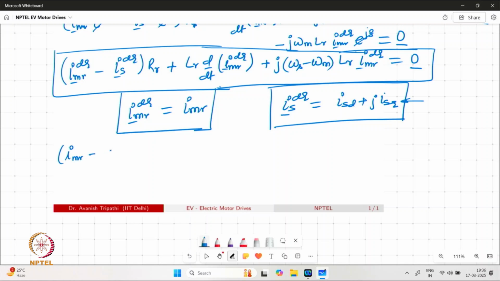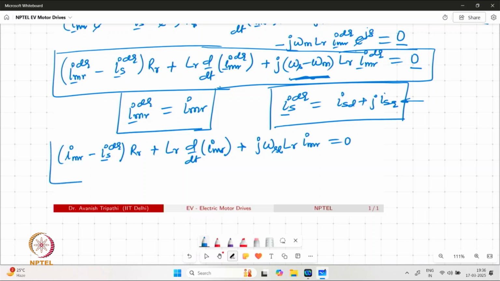Now, if we plug in these values in this equation, we have IMR magnitude alone, ISD vector DQ, LR d/dt of IMR, plus j times of the difference between synchronous speed and mechanical speed, which is actually the slip speed in the induction machine, is going equal to 0 vector.